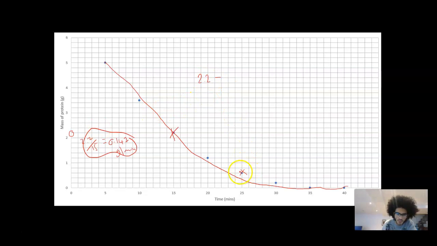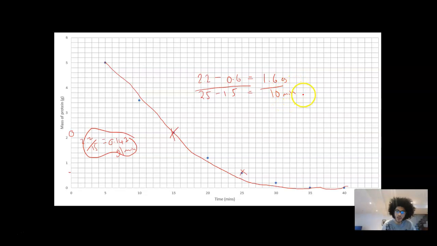And at 25 minutes, the mass is here, which is about 0.6. So 2.2 take away 0.6 gives me 1.6. Now the difference in time is between 25 and 15 minutes, which is 10. So my calculation is going to be 1.6 grams divided by 10 minutes, okay?